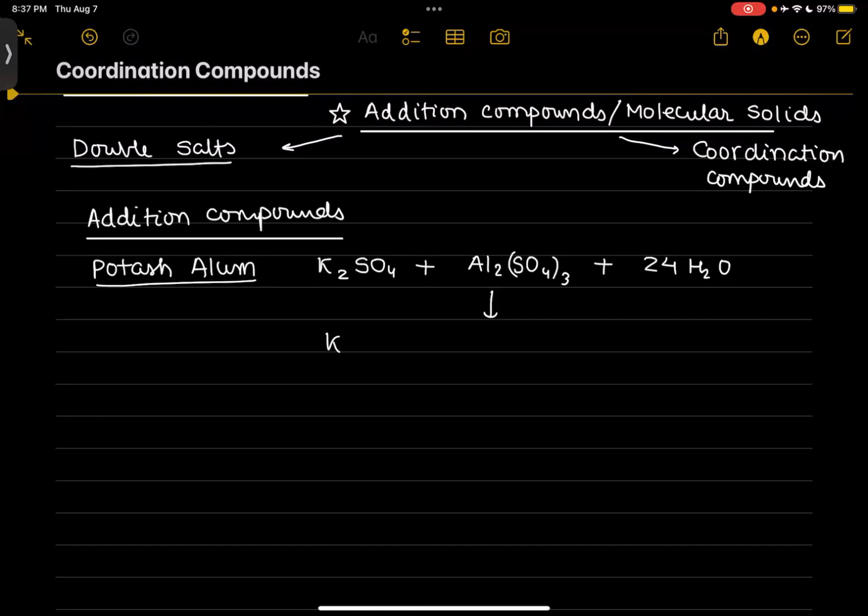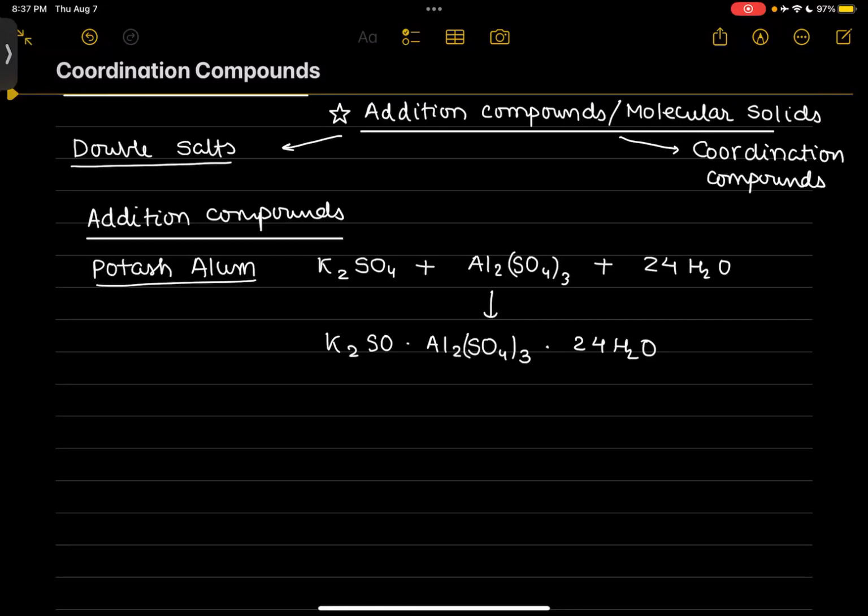You get a potash alum whose formula is K2SO4 dot Al2(SO4)3 dot 24H2O. Got it? Is it clear?